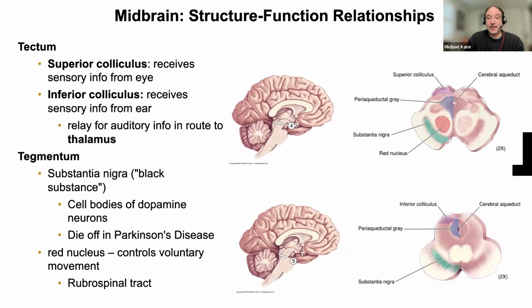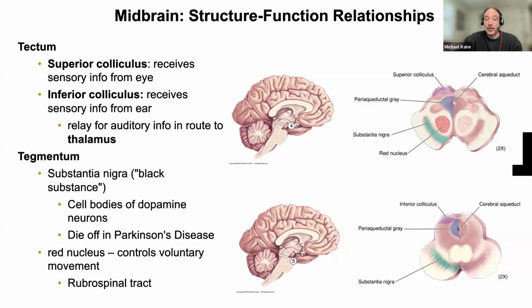Another important region that I want to draw your attention to is the tegmentum. The tegmentum is imaged on the bottom right. It's kind of hard to see. It contains the structure called the substantia nigra, as well as the red nucleus. The substantia nigra literally means black substance, and it's colored green here, so it's a little bit of an anomaly.